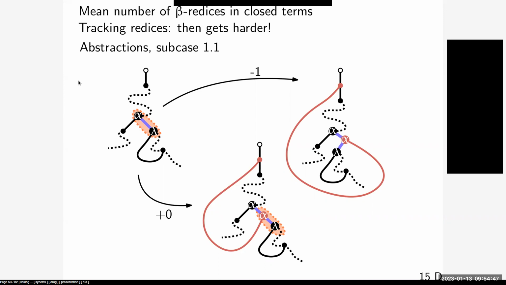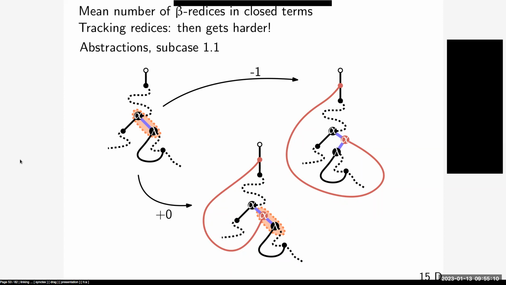Then either we cut off to the left, and so I introduce a new application vertex, which I link to the former root, and I have a wire going off to the left, in which case we have destroyed the old redex, but we have created a new redex in its place because we have an abstraction applied to the new fresh variable we introduced. And so overall, we have a net change of 0 in the redices.